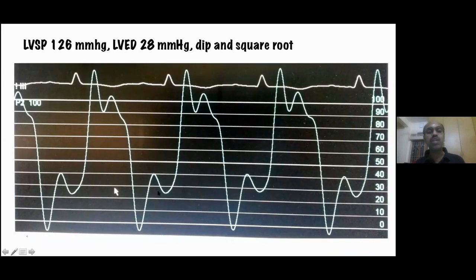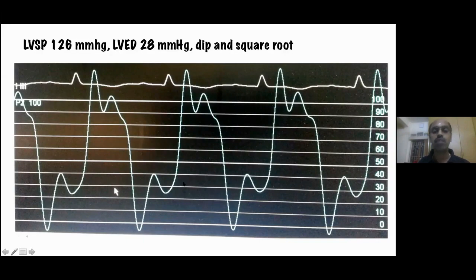Look at the left ventricular pressure trace. The left ventricle also has got the rapid filling, which means the entire ventricle now is rapidly filling in the early diastole, but immediately the filling is restrained by the rigid pericardium, and so there is a marked elevation of the mid and late diastolic pressures, resulting in dip and square root pattern.